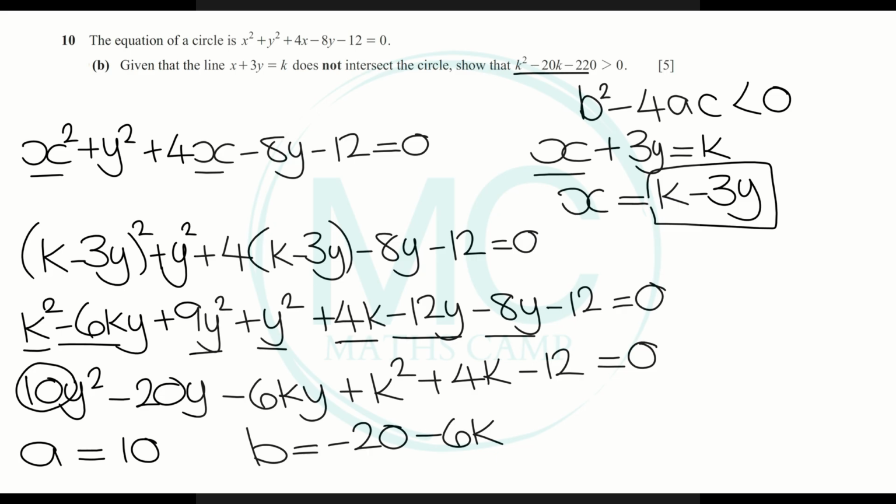C considers our constants, which in this case is all three of these terms. So I can say c is equal to k squared plus 4k minus 12. Now I can fill these values into the a, b, and c variables for the equation for the discriminant.